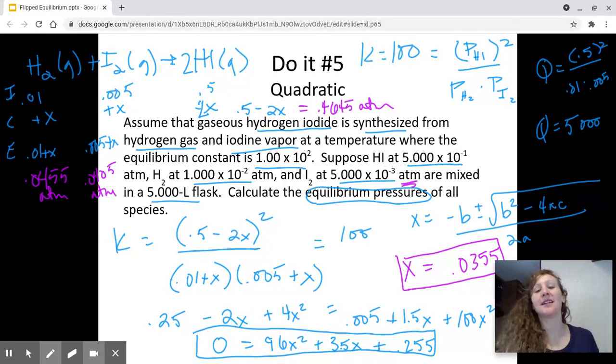Okay, so again, same problem, slightly different context, slightly different logic getting to the answer, but we're going to approach it the same. We're going to approach it by writing out a reaction, writing out a K equation, writing out an ICE chart.